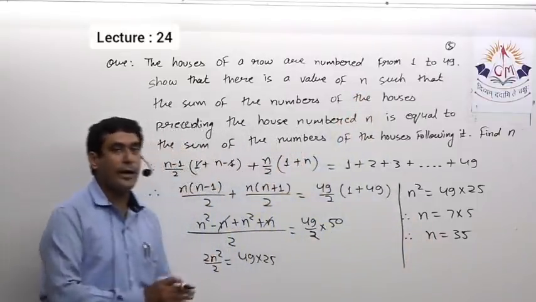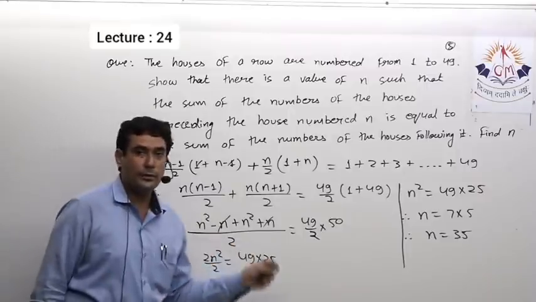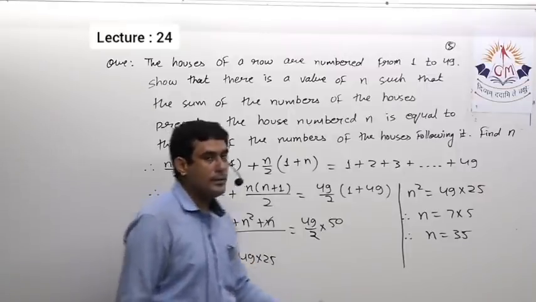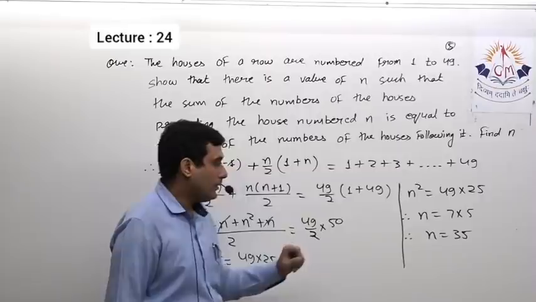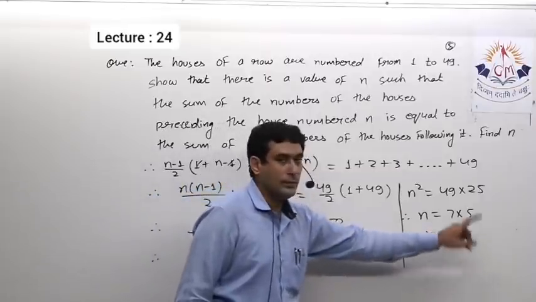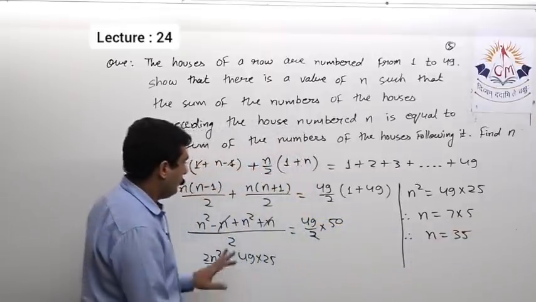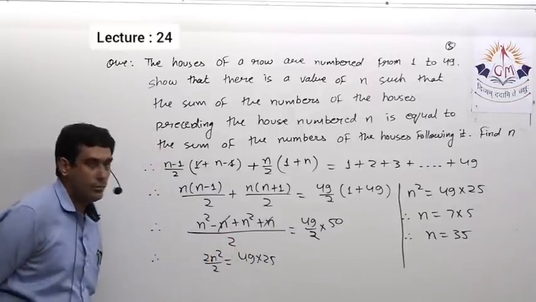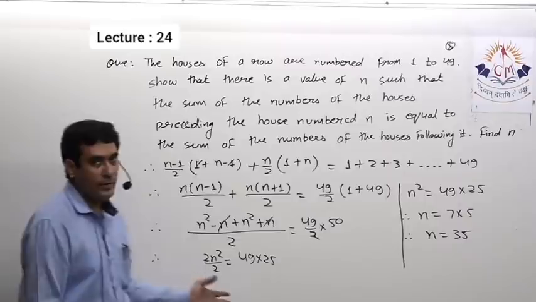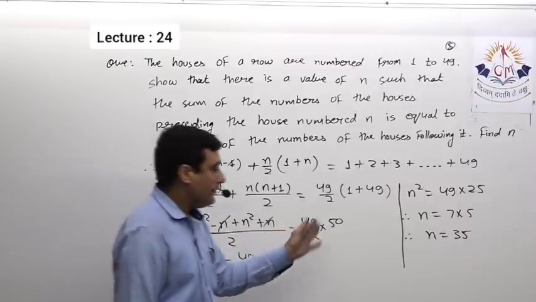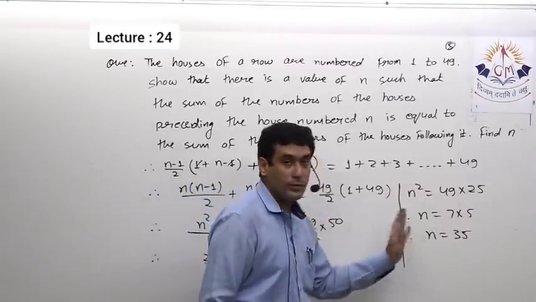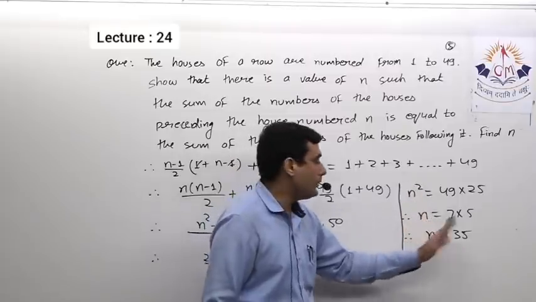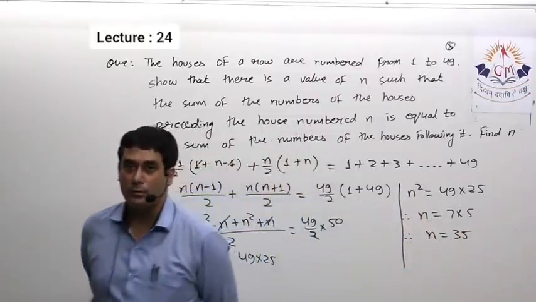It means if you add the numbers from 1 to 34, that must be equal to the sum of the numbers from 36 to 49. So note it down, then we'll check whether we are getting our answer correct or not. We'll cross verify whether the sum of 1 to 34 is equal to the sum of numbers from 36 to 49 or not.